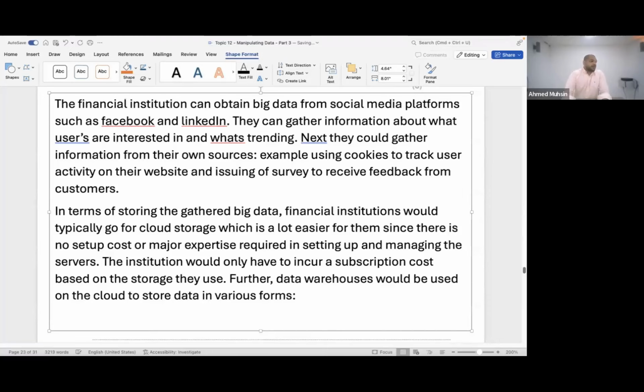Where no format is being maintained, we call it unstructured, semi-structured, and structured data.